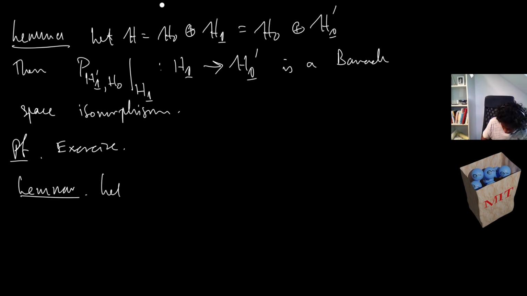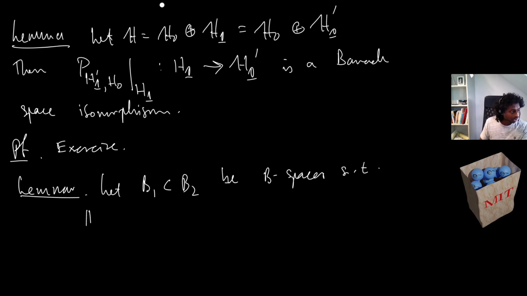So let B1, B2 be Banach spaces such that we have an embedding, it doesn't need to be dense, sorry. We just have that B1 is continuously embedded in B2, right? So we have that the B2 norm is now controlled in terms of the B1 norm for all u in B1.